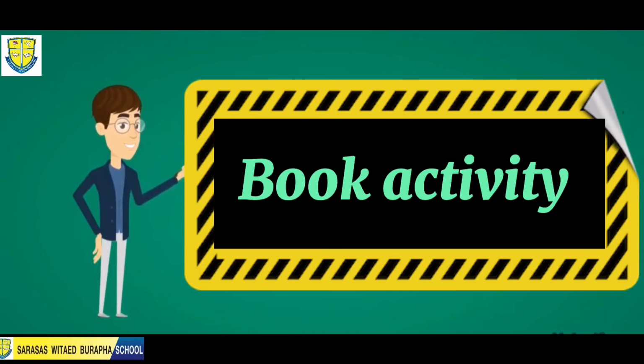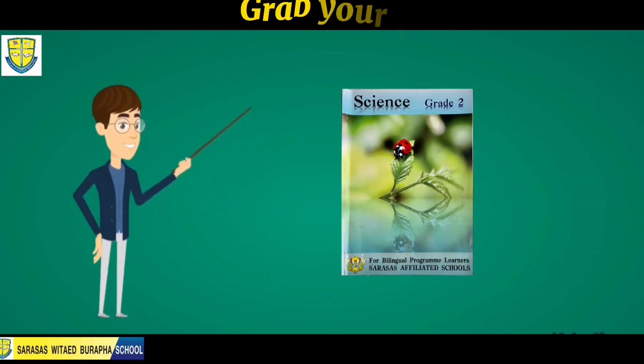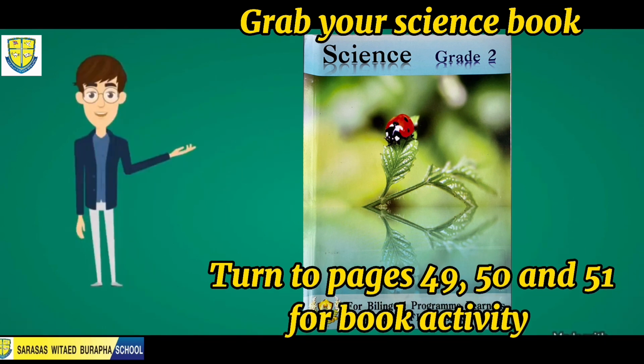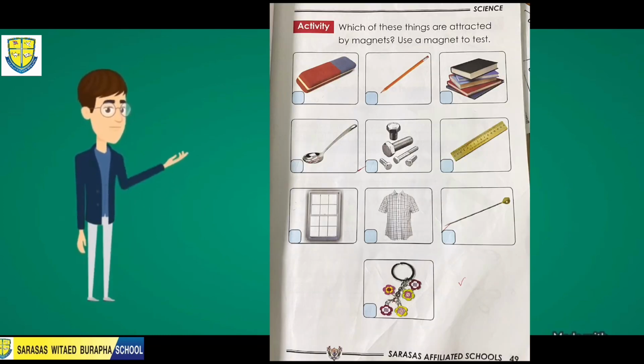Now, let's proceed answering your book activity. Please grab your science book and turn to page 49, 50, and 51 for your book activity. Here's your activity on page 49.